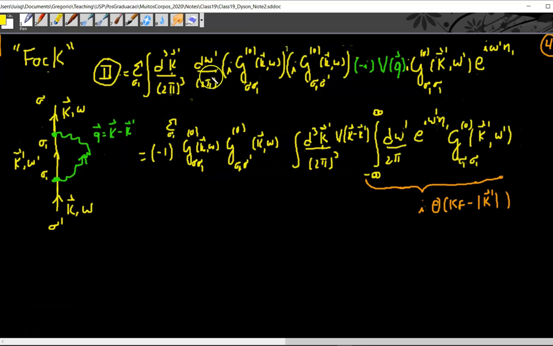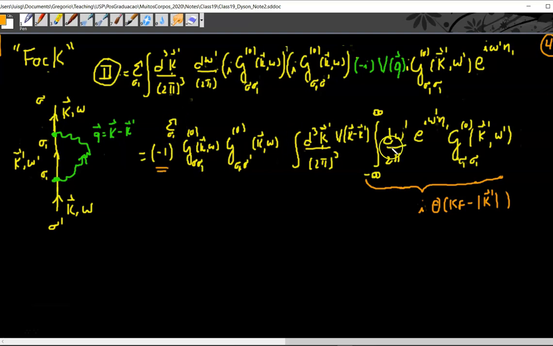But before we do that, let's figure out the overall sign of this term. I times I gives me I squared, minus 1. Then I have minus I here, times I gives a plus 1. So the overall sign is minus 1. And this is also different from the Hartree diagram, where the overall sign was plus 1.